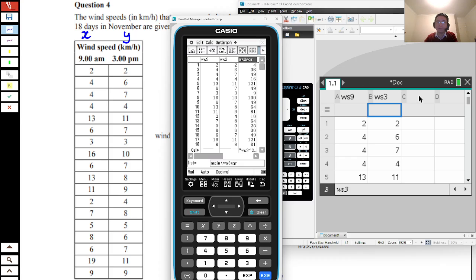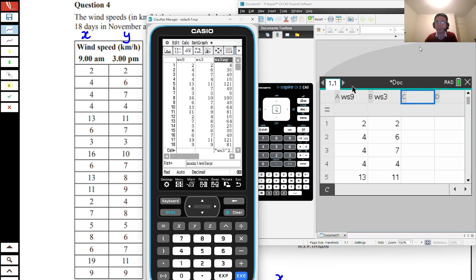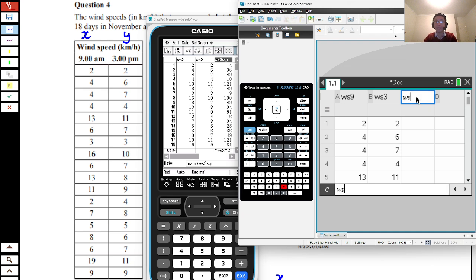On the TI, similar approach. What you will want to do is give a name to the variable you want to square. So I'm going to call it ws3sqr. And on the TI, the formula is typed in at the top. So you just start typing ws3. Notice that when you start typing, a formula referencing the name of your column appears.